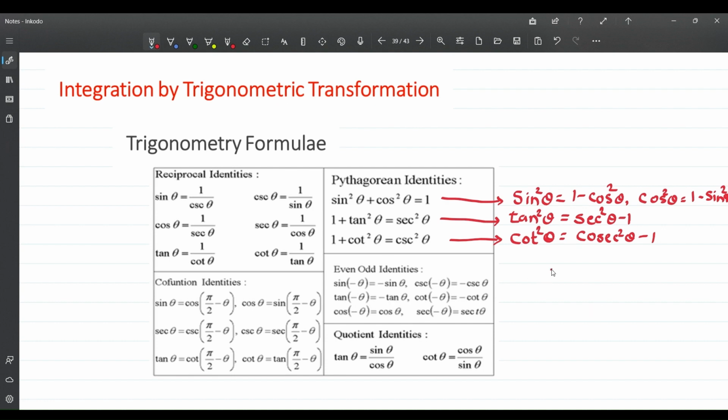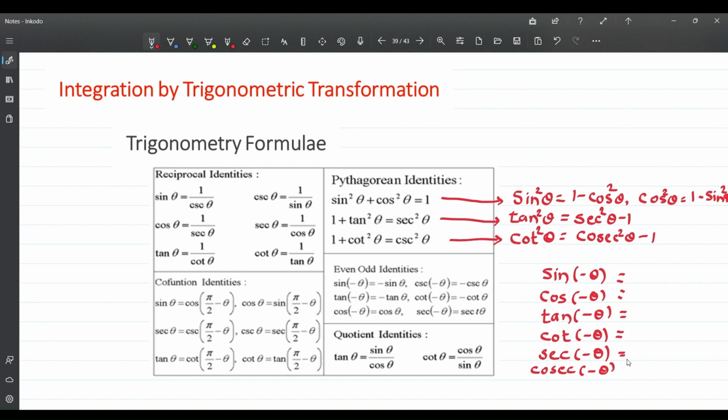For this, you can remember it as sine, cos, tan, cot, sec, and cosec. Sine of minus theta, cos of minus theta, tan of minus theta, cot of minus theta, sec of minus theta, and cosec of minus theta. So in this, first we'll write equal to sign to each term.